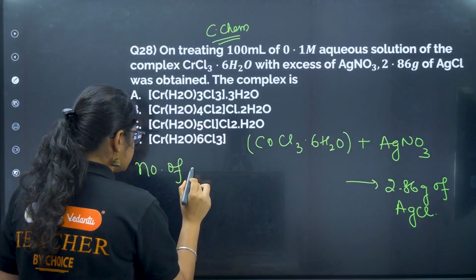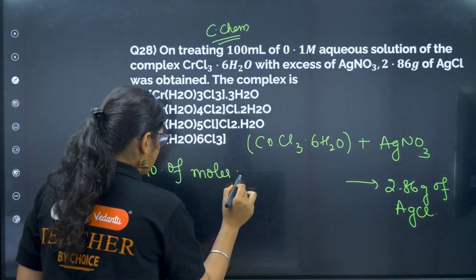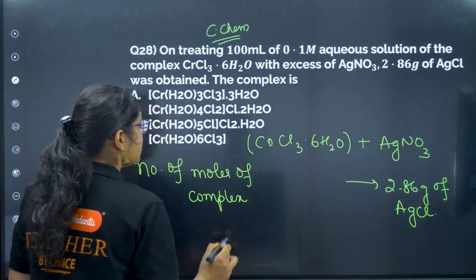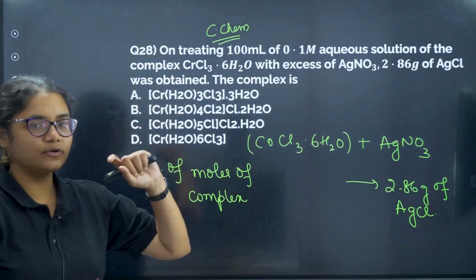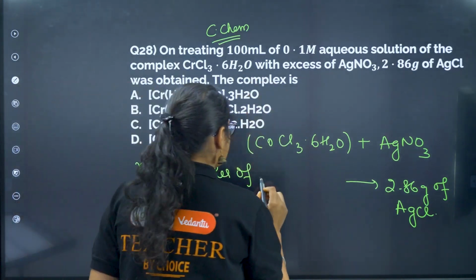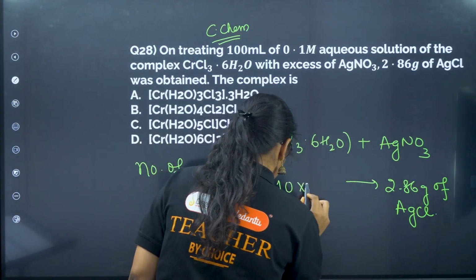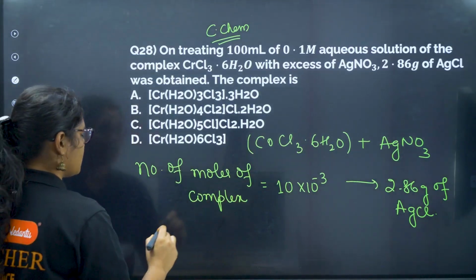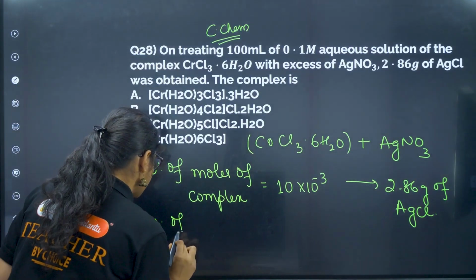So the number of moles of complex: we have been given the molarity and the volume. If we multiply molarity and volume, we will get the number of moles. So 100 into 0.1, we will get 10 millimoles. This is the number of moles of complex. Now what is the number of moles of AgCl?